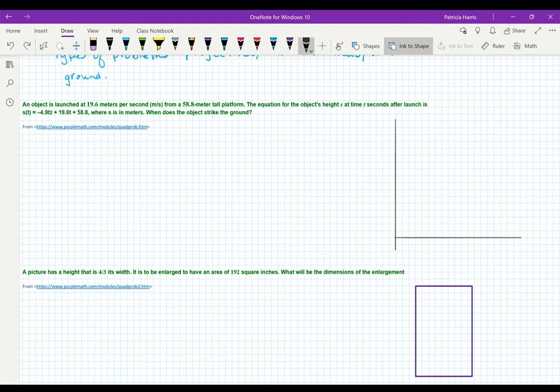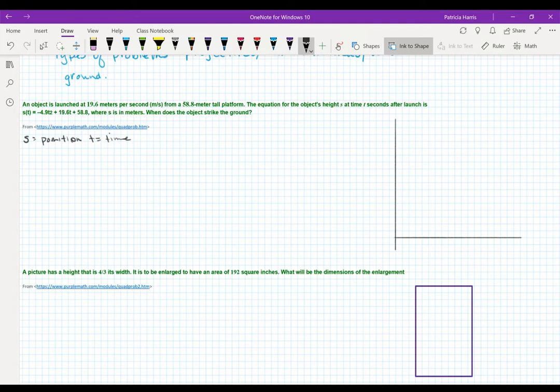Okay, so first thing you need to know is this is kind of a standard, what we call position formula. So s is position, t is time, in this case in seconds.